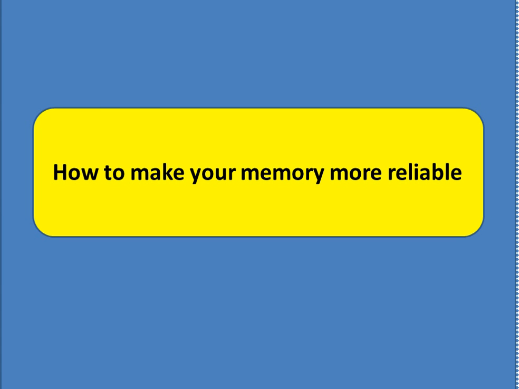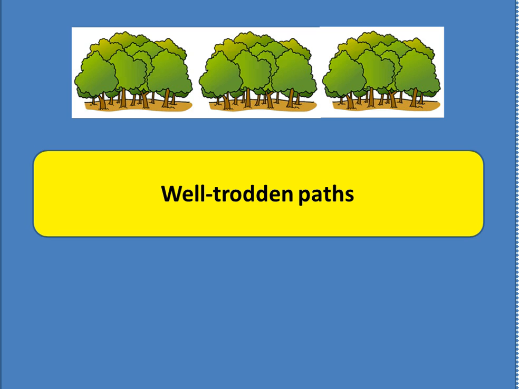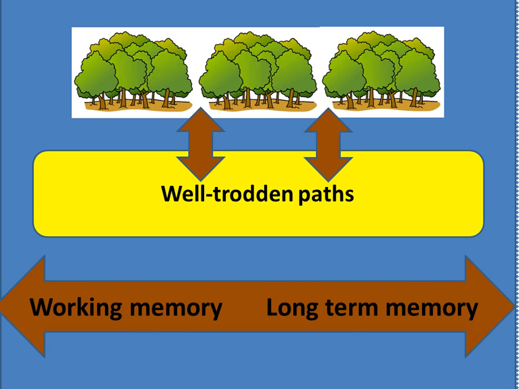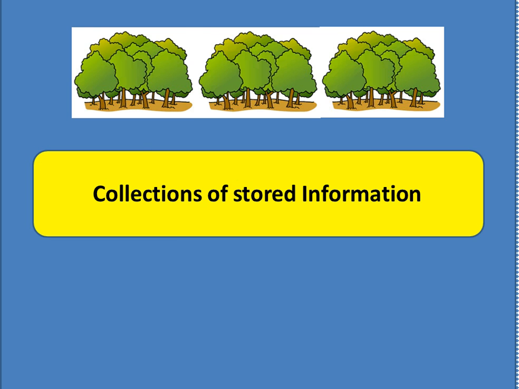So what else can you do to make your memory more reliable? Well, it's important that you've created well-trodden routes and paths between your long-term memory and your short-term memory, and you know how to retrieve information between those two sites so that it is workable and usable in an exam environment.